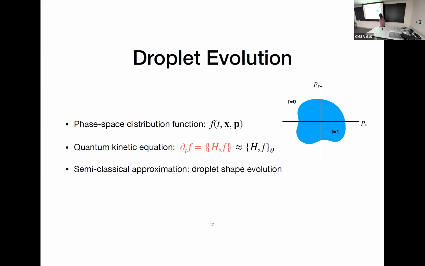Which means that in the semi-classical approximation, we can define this droplet shape and think about its dynamics. Because we don't talk about the uncertainty principle, the droplet shape is well defined, and we can think about the evolution of this droplet shape.